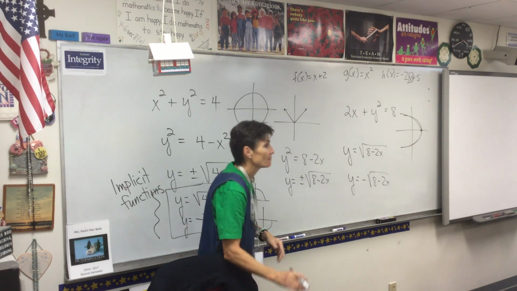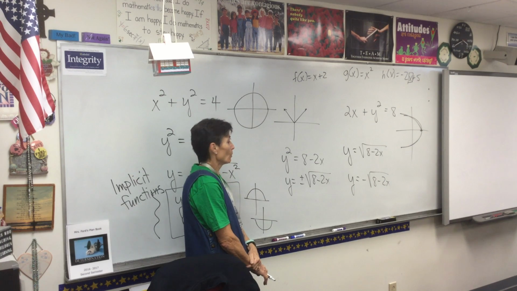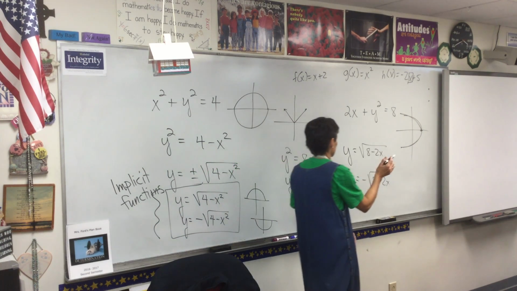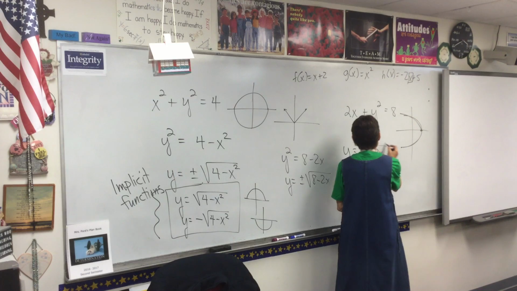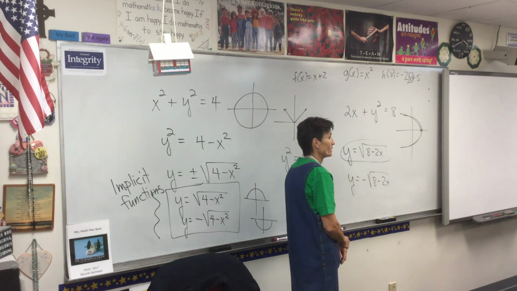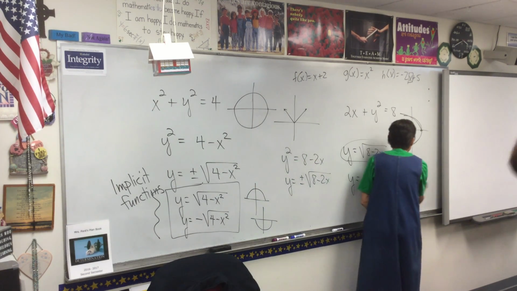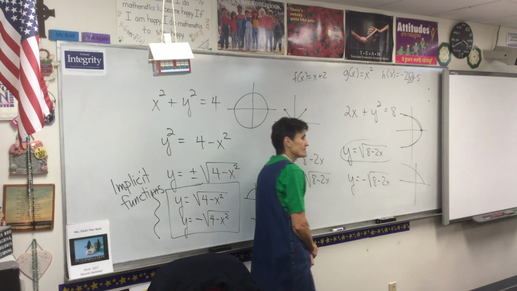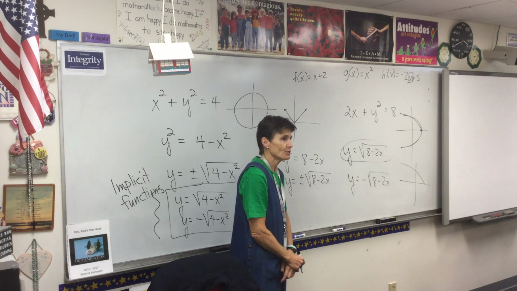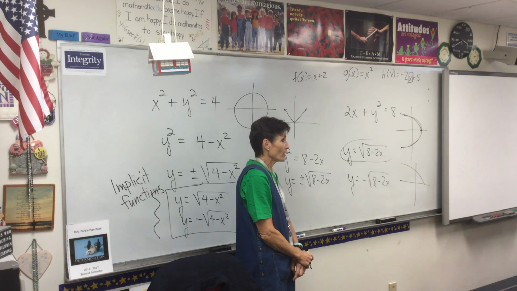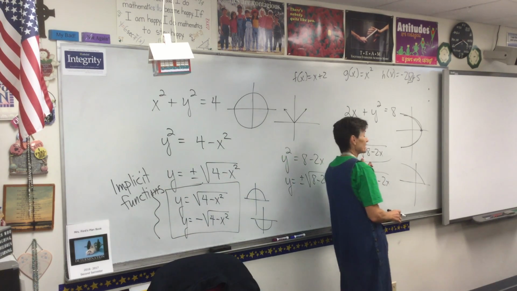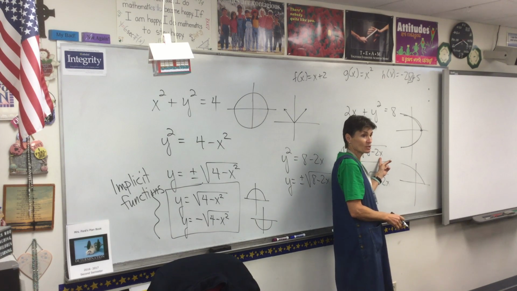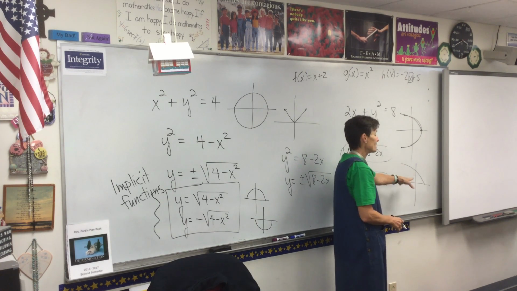Did you get that? Now, when you graph, guys, listen. When you graphed just that first one, you got this shape. Does that look at all familiar to you? It's a square root function. Does it make sense that it would look like a square root function? What's different about it though?